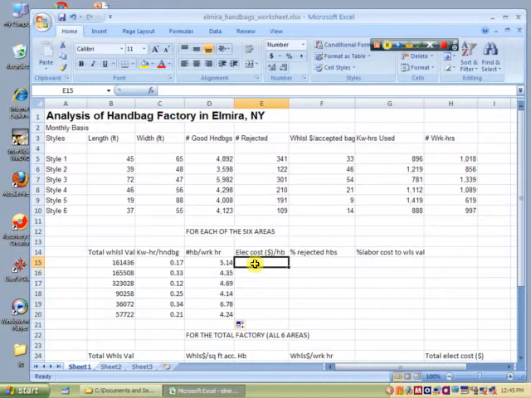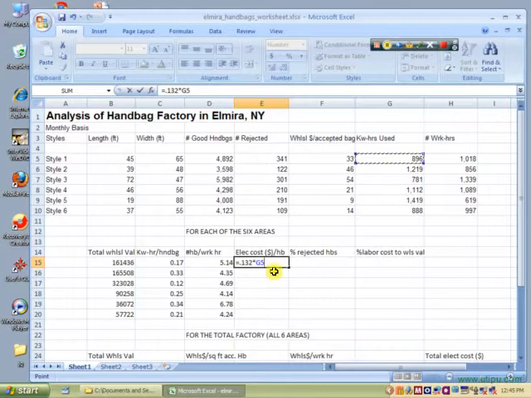Now the electric cost. What was the electric cost? It was 0.132 in dollars. It was 13.2 cents per hour. So the electric cost would be 0.132 times the number of hours. So here are your kilowatt hours, which is here.